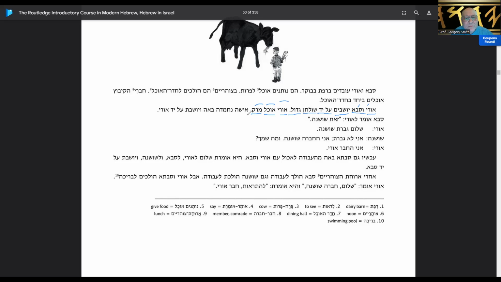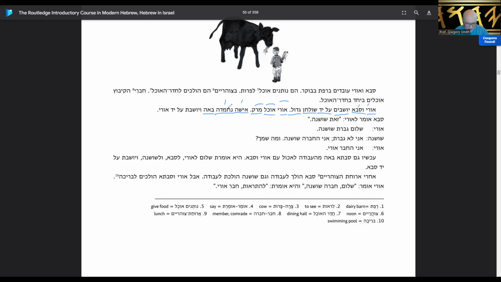Ori is eating soup. Let's see here. Isha nechmada. I think this isha could be like a woman. A very nice woman would be isha nechmada. Ba'a.